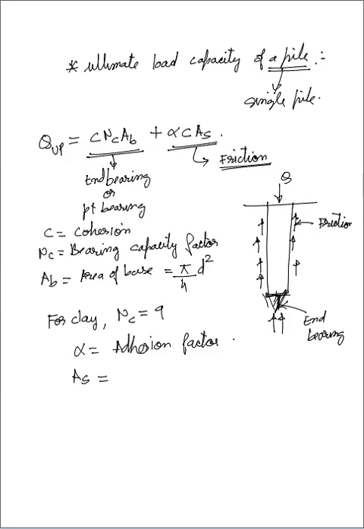AS is the surface area on which the friction is acting. The pile has a circular cross section, so the surface area of the cylinder will be pi d L, where L is the length of the pile and d is the diameter. This is a very important formula to find the ultimate load capacity of a single circular pile.